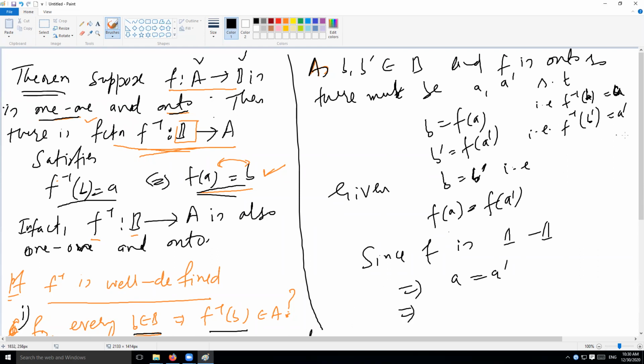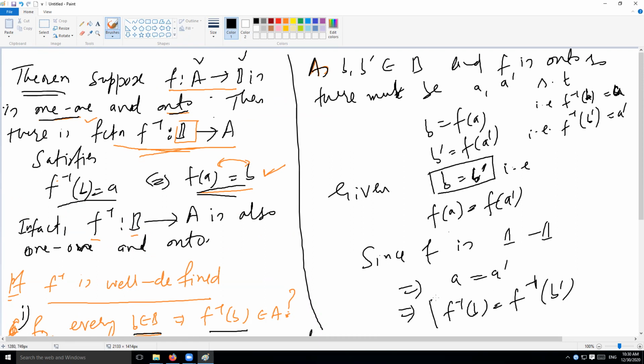So the inputs are equal, I can say A is what? F inverse of B. And A prime is what? F inverse of B prime. So from where we started? We started that B is B prime. And what we proved?